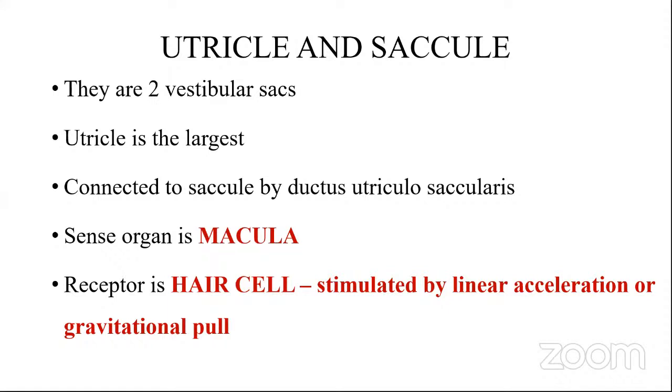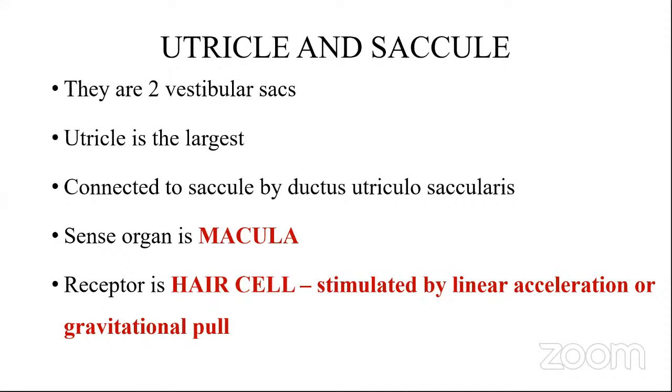This information is used by the central nervous system for making adjustments of the posture of the person and also eye positions of the person along with the movement of the head. So that is the main function of the semicircular canals.